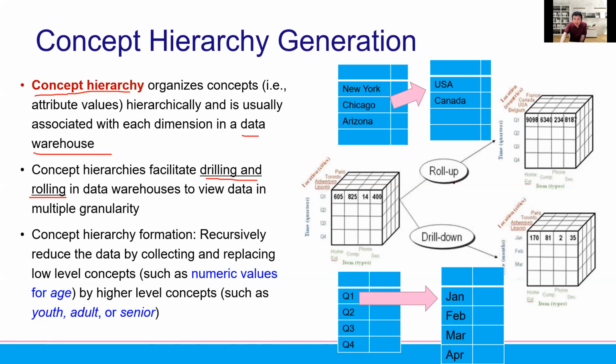See, this is an example. If we are dealing with roll up, it means I want to go to the higher level. New York, Chicago, Arizona are cities in the USA. So if I want to do the transformation, I just use the higher level, or this is the roll up. From the low level, I go to the higher level. Let's say Seoul, Busan, Daegu, Daejeon are cities in Korea.